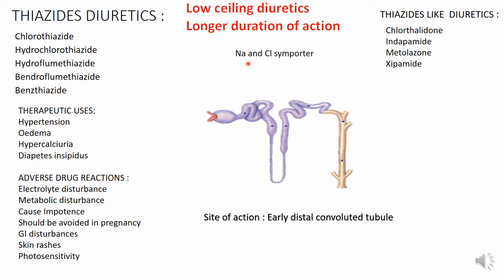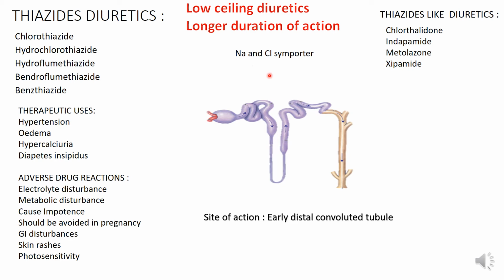We now know that the thiazide acts on the early distal convoluted tubule, where there is a symporter protein that basically reabsorbs sodium and chloride. If thiazide blocks this symporter, the sodium and chloride will be excreted in urine.